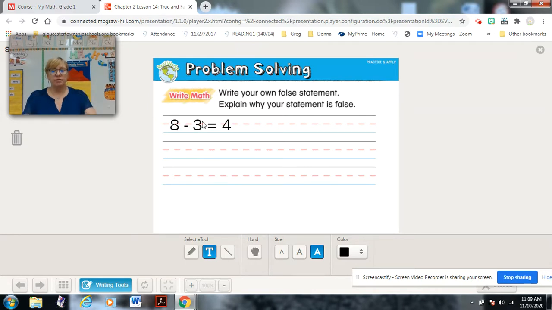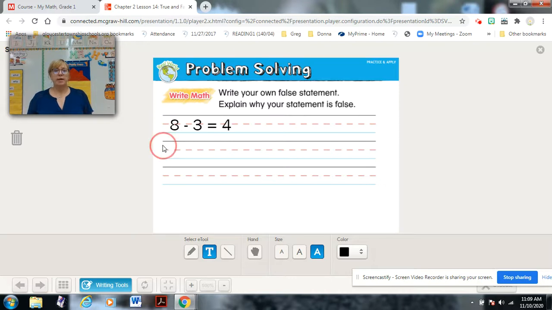8 minus 3 equals 4, and I'm going to show you with my cubes. Here's 8, 1, 2, 3, 4, 5, 6, 7, 8. I'm going to take away 3, and I said the answer was 4. 1, 2, 3, 4, 5. Okay, it's 5. Now it says explain why your statement is false.